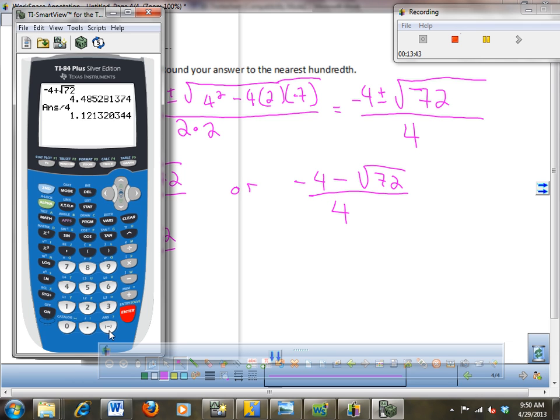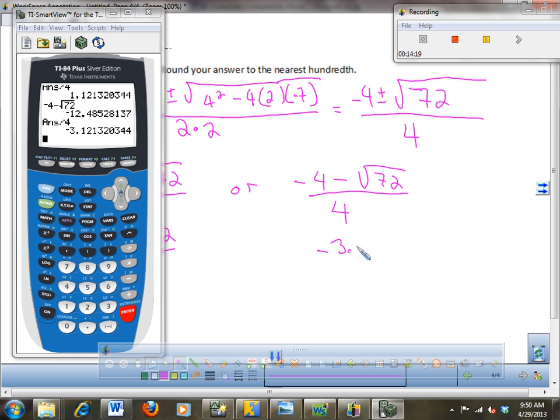So I'm going to go negative 4 minus the square root of 72. And then I'm going to hit enter first. Now you could put that in parentheses, so you don't have to do it that way. Divided by 4. And I get my other answer is negative 3.12.